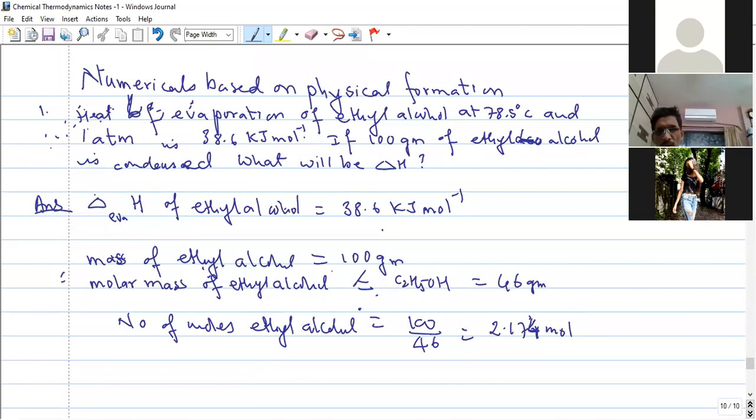Okay. What is the enthalpy of evaporation of ethyl alcohol?